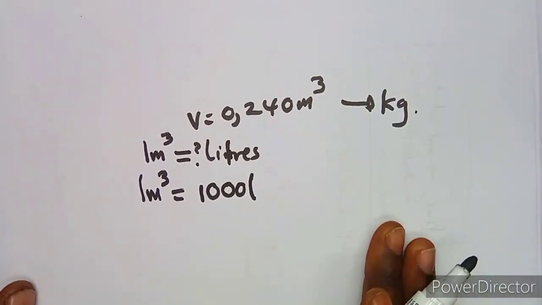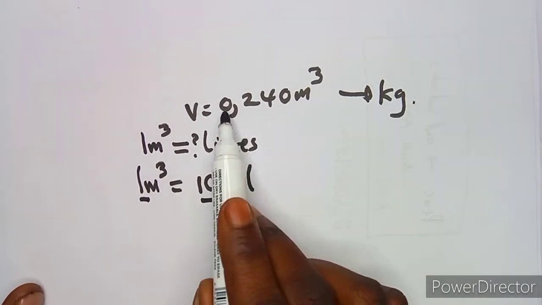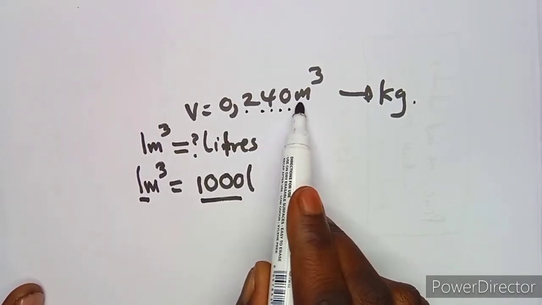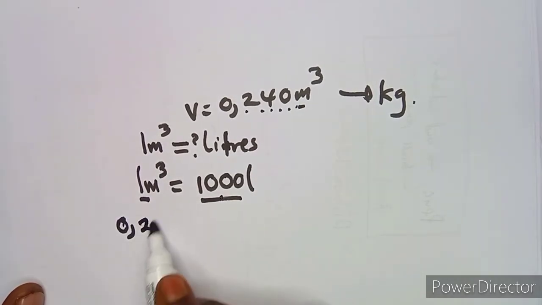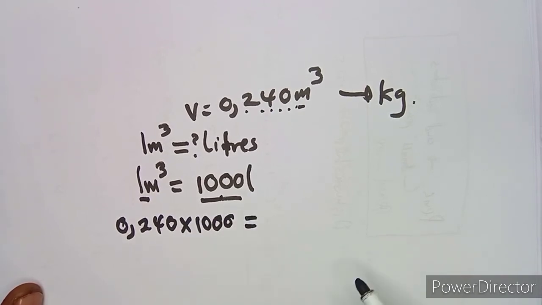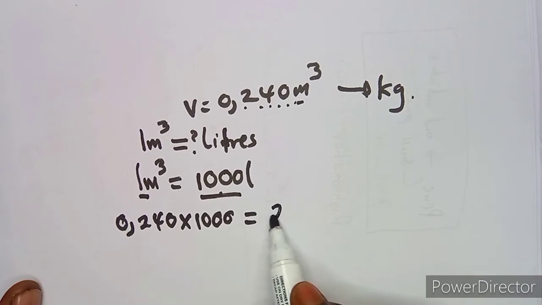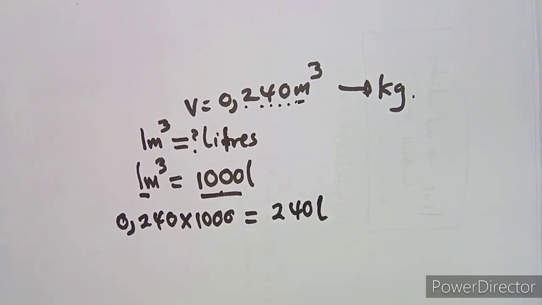If 1 cubic meter is 1000 liters, and this is 0.24 cubic meters, I just multiply by 1000 to convert to liters. So 0.240 times 1000 gives 240 liters.